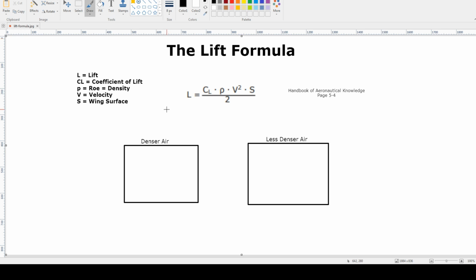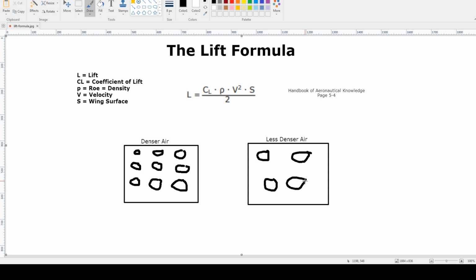For example, in denser air, you can say that each of these little circles represents an air molecule. This is very simplified, of course. But we can say that in this chunk of air that we are currently flying through, we have 3 by 3 air molecules, while in another chunk of air that is less dense, we only have 2 by 2.